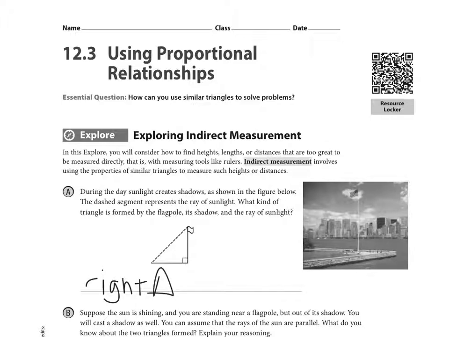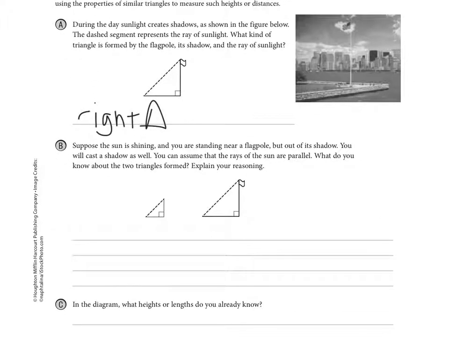So in part B, we're supposing that the sun is shining and that we ourselves are standing near a flagpole, but outside of the flagpole's shadow, so that we can see two shadows on the ground here and here. What we want to do is use the idea of similar triangles.